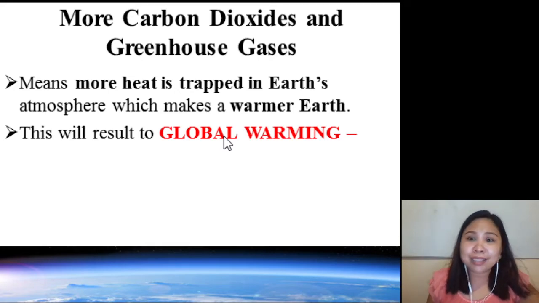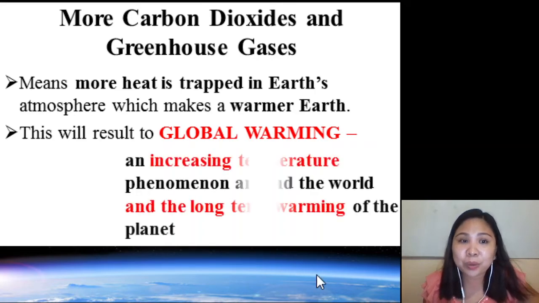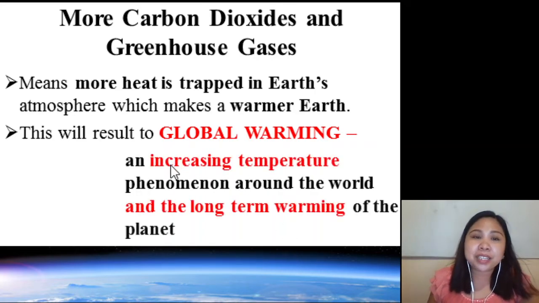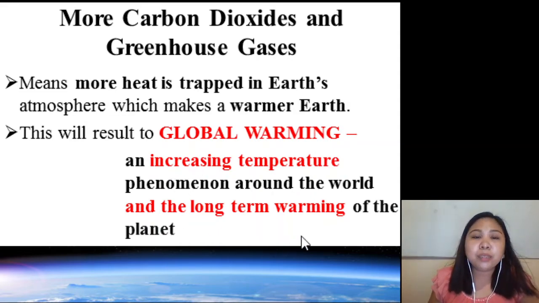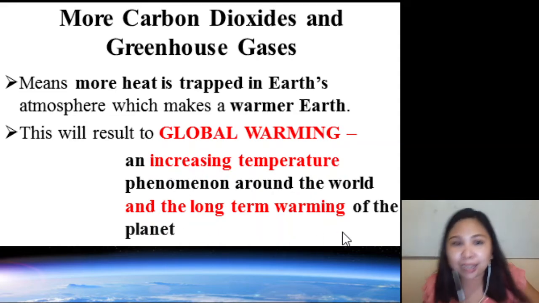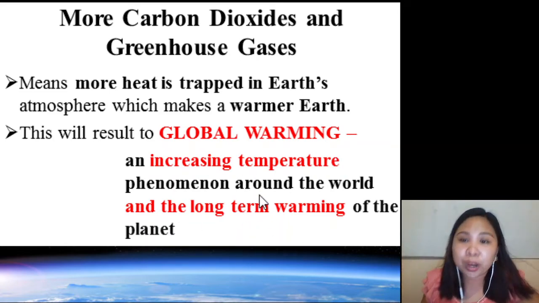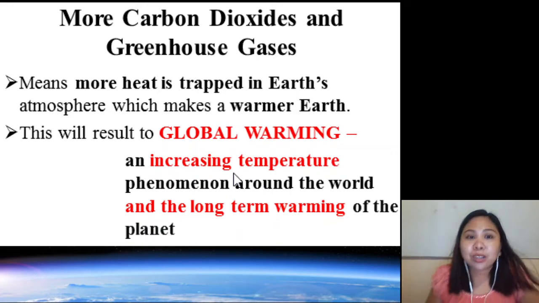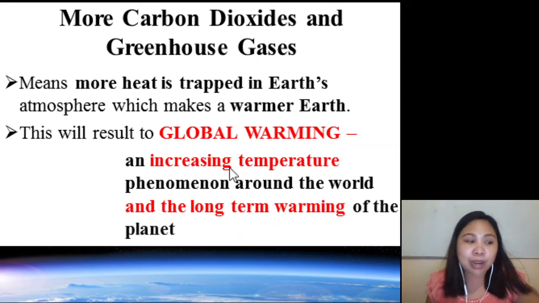And whether you admit it or not, global warming is already happening. Global warming is an increasing temperature phenomenon around the world and the long-term warming of the planet. Take note, it is not just warming, but long-term warming. Whether you believe it or not, it's already happening.